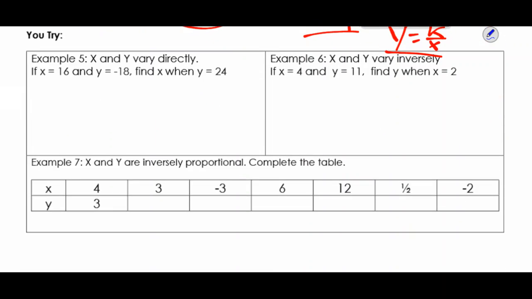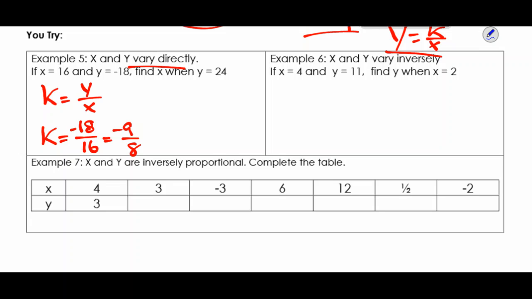On example 5, I'm looking at a direct variation. My constant can be found by doing y divided by x. So my constant here is negative 18 over 16, or negative 9 over 8. So you could write that as a decimal if you really wanted to. Actually, it might even be easier on this one to use that as a decimal.